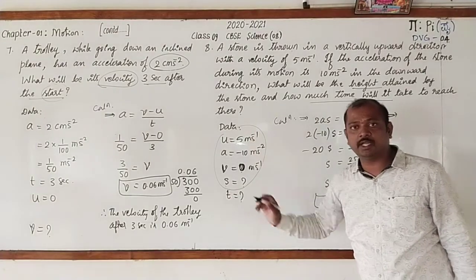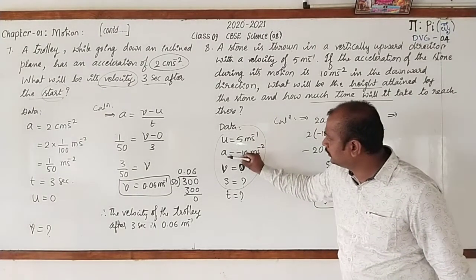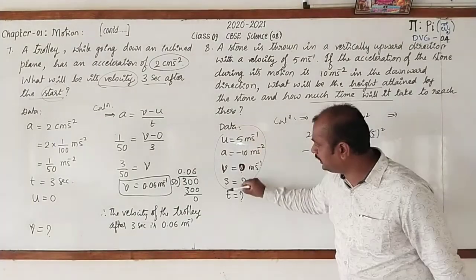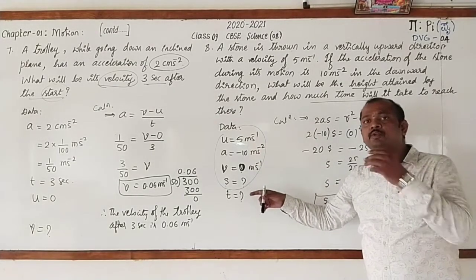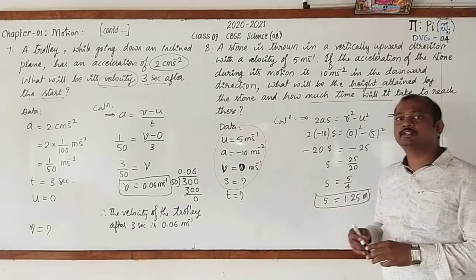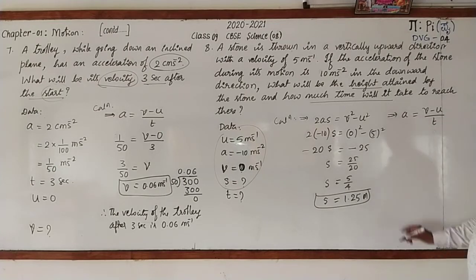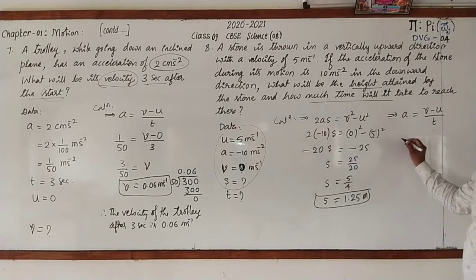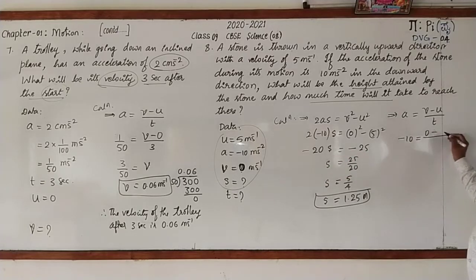Now we want the time, which is going to be taken. See that? What equation can be used? It is V equal to U plus at, or the acceleration form. To find out the time, a equal to V minus U by t. What is a? Minus 10. V, final velocity, 0.